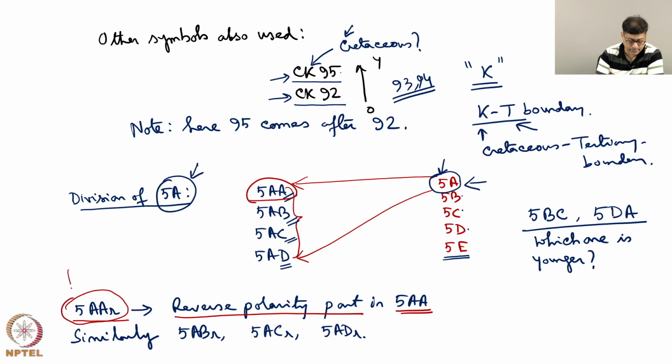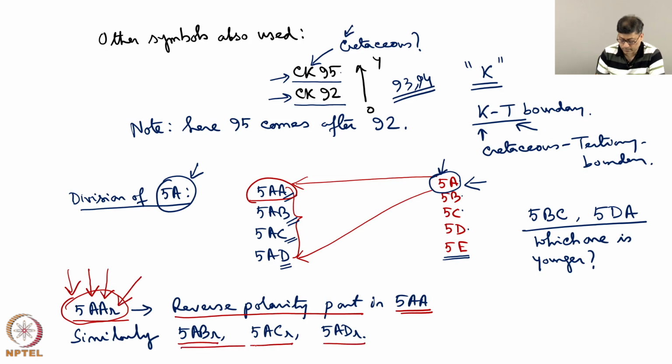That means first 5 was defined like 1, 2, 3, 4, 5, and then within that A was defined. A means the topmost one. Within that there are several divisions and the topmost one is the next A, and within 5AA there is a reverse polarity, that is the meaning of 5AAR. Similarly, you can define 5ABR, 5ACR and 5ADR.